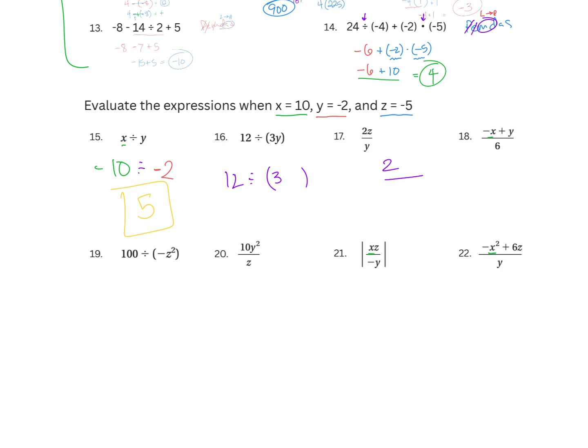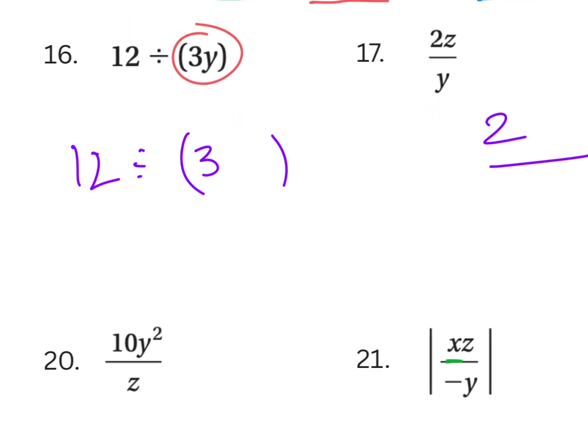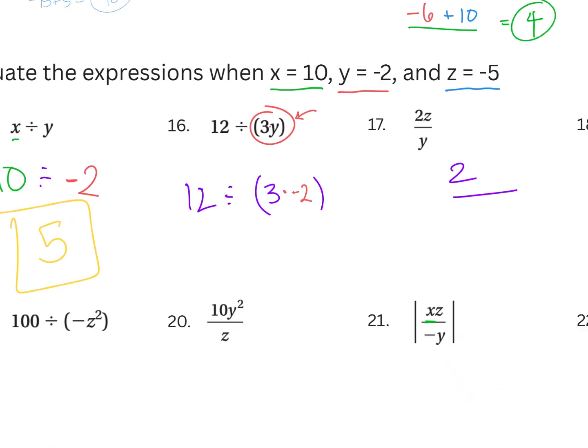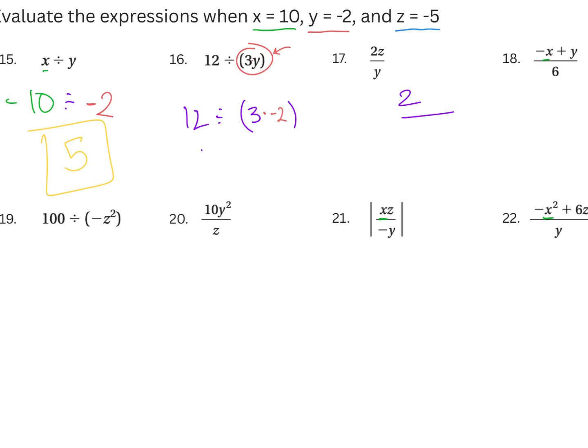So what exactly is going on here with these two? Do you know? They are multiplying each other. This is like saying I have 3 y's, and when you have 3 of something, you multiply, okay? So 12 divided by negative 6. And 12 divided by negative 6 equals negative 2.